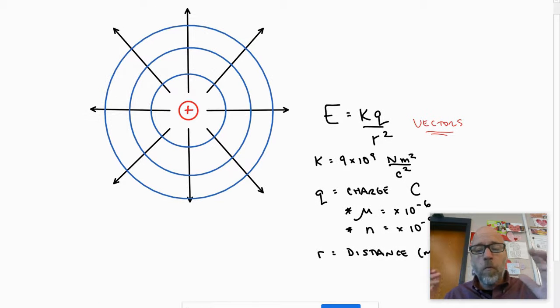Now, where this is all going to tie together is that it's really easy when there's only one charge. But what happens when there's 2 or 3 or 4? That's when we get to start doing our vector addition. But again, we take things in steps.